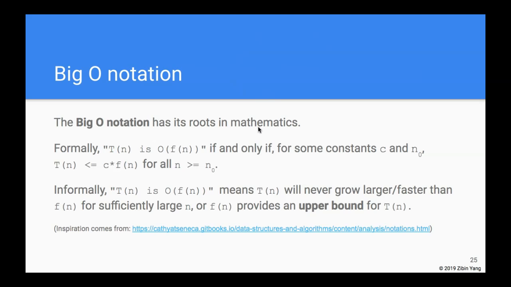In mathematics, the formal definition, and I do have to present you with the formal definition, is that the time T(n) is on the order of f(n), or big O of f(n), if and only if, for certain constants c and n0, T(n) is less than or equal to f(n) multiplied by the constant c, for all n's that are bigger than some constant n0.